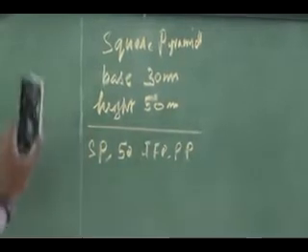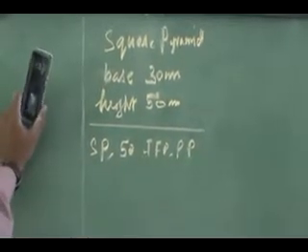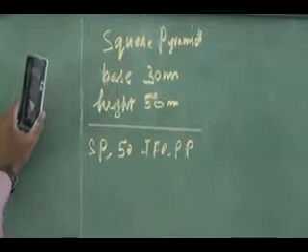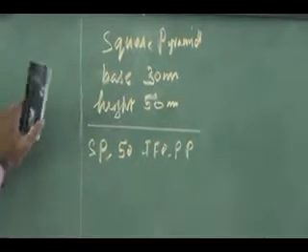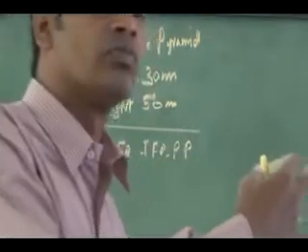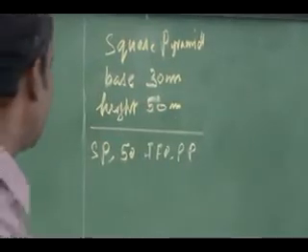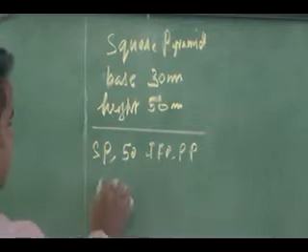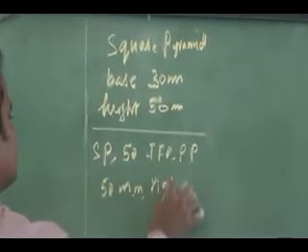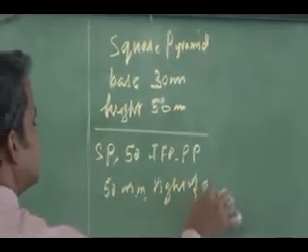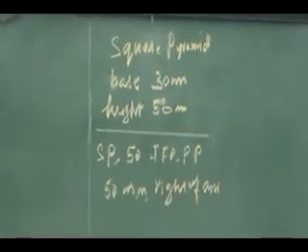Where do I have to mark the station point? 50 mm in front of the picture plane and 50 mm right of the axis means what?